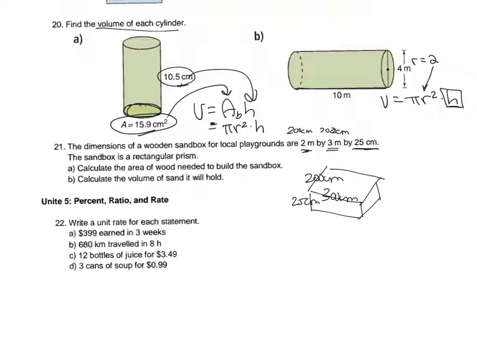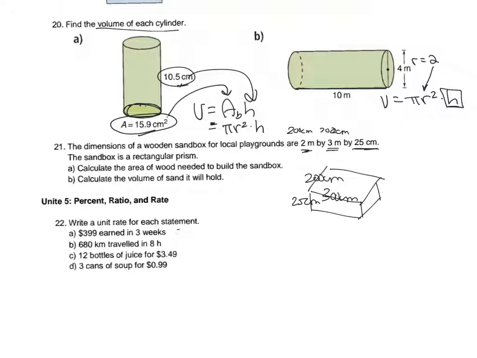Okay. All right. And then unit rate. Unit rate is when you have a measurement over another measurement. Okay. When it says a unit rate, it means the bottom measurement has to be per 1 week, per 1 hour, per $1, etc. Okay.